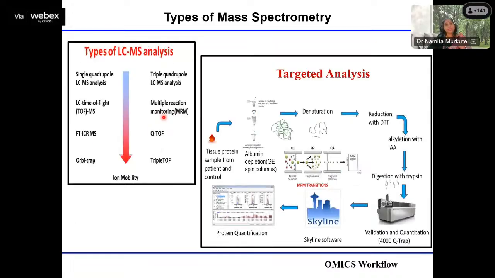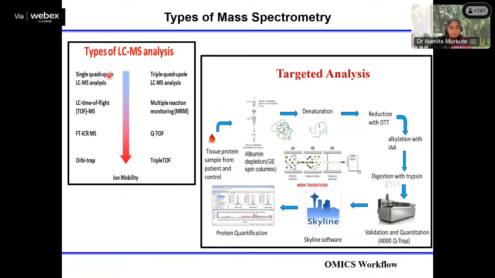Now there are different types of mass spectrometry. This is LCMS analysis, where we are talking about liquid chromatography mass spectrometry. Here different mass specs are given.